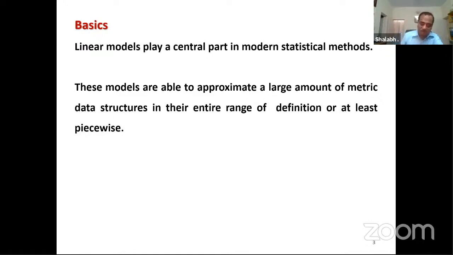So whenever we are talking of statistics, these linear models play a very important role in getting good models. And if you try to see what these models are trying to do, they are simply trying to inform us of the process, or the amount of information contained inside the data structure, or the data which is available to us, in the best possible way.